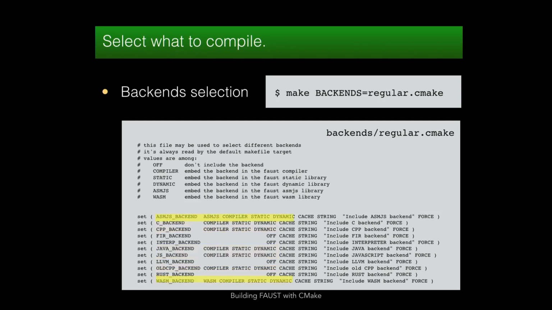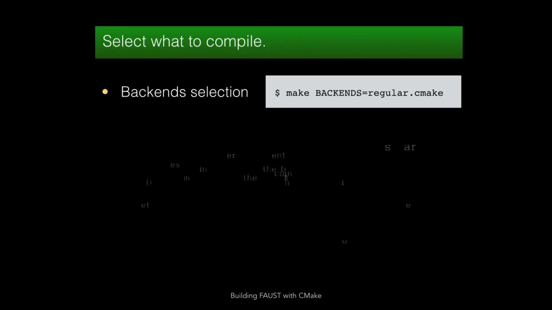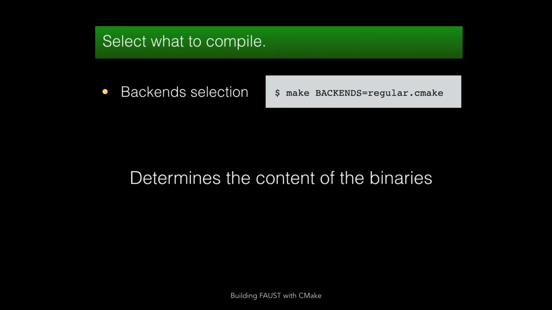The ASMJS and WASM backends are also included in all these binaries, plus the ASMJS library for ASMJS and the WASM library for WASM. So backend selection determines the content of your binaries.